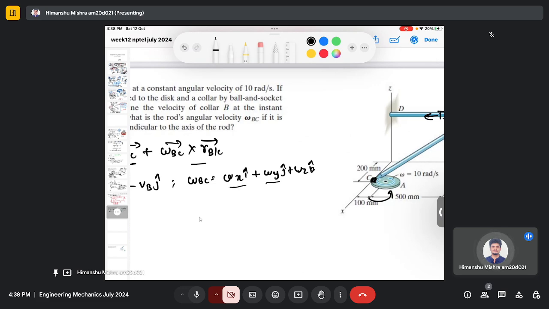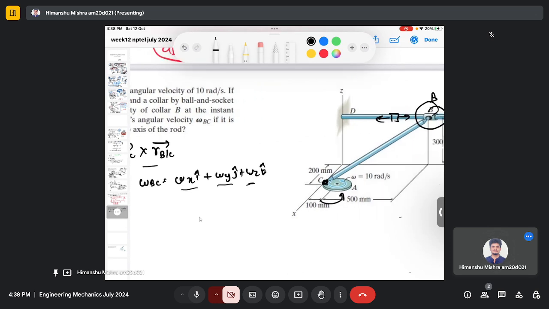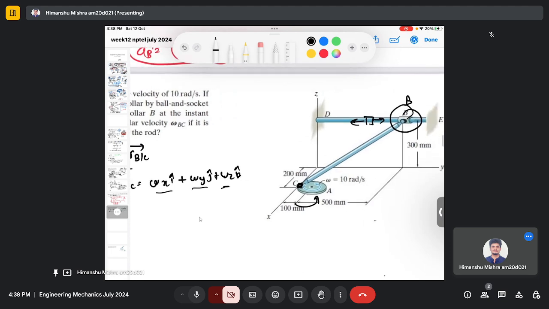And we don't know omega x, omega y, and omega z. Right? Because we are given this omega, but this is the omega for the disk. The disk is rotating with this angular velocity.